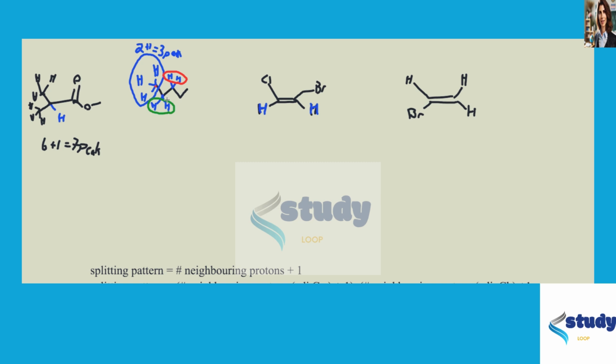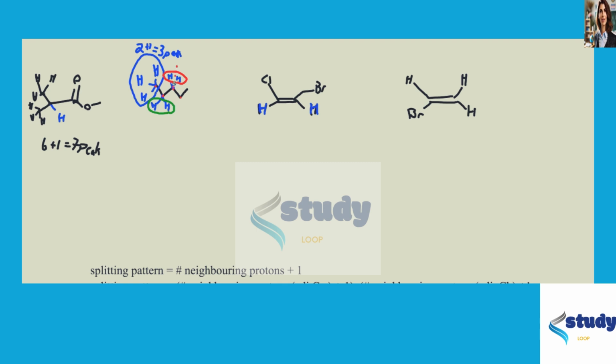And now let's look at these protons here. So these protons at the very end, the red protons. So these red protons are adjacent to this CH2 here, and also this CH2 here, but this proton here, if you see, we have 1, 2, 3, 4, 5 protons.